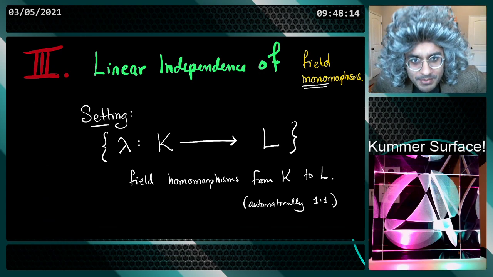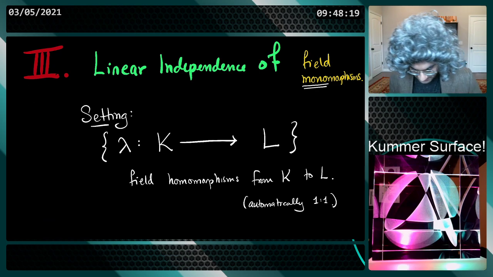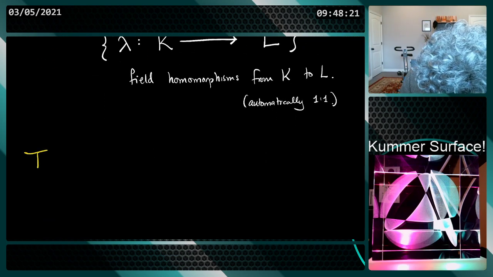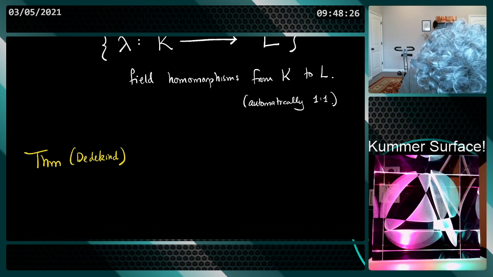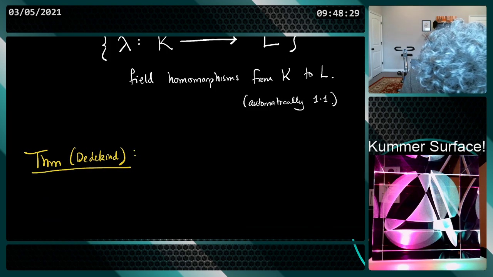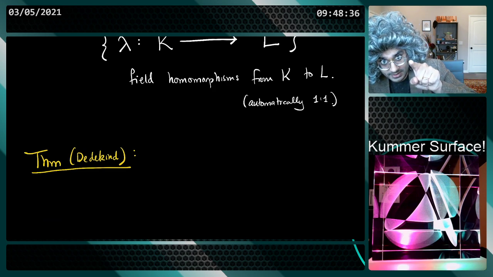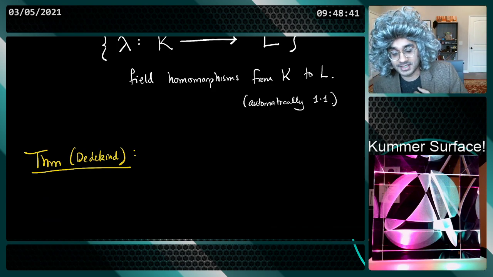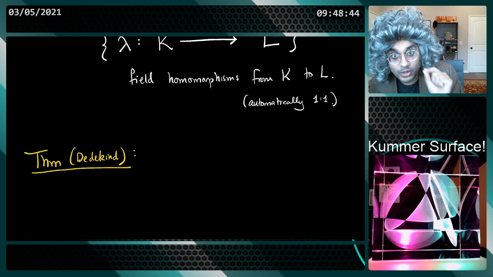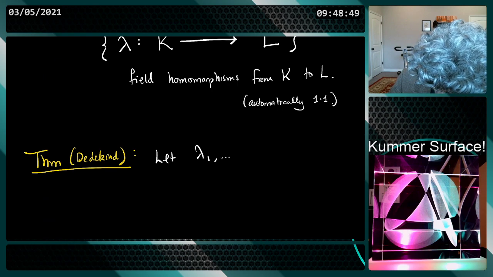And now, the linear independence of field monomorphisms theorem states the following. Any finite subset of such monomorphisms are linearly independent over L. Let me state it like this.